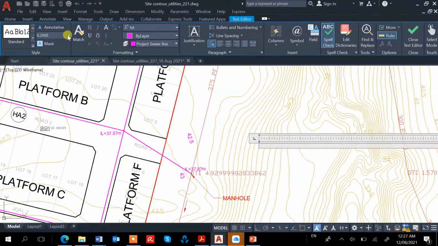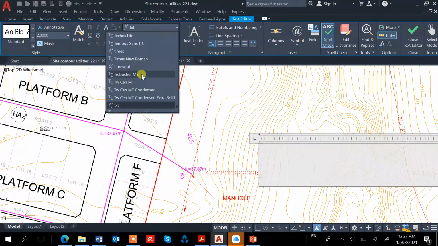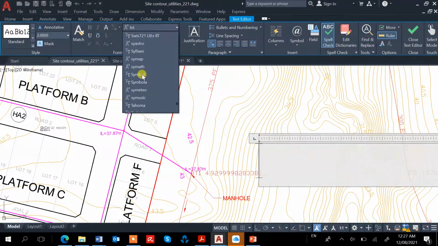Okay, just put in 2 meter drop. Sorry, not drop. Text. Just put it to the area.